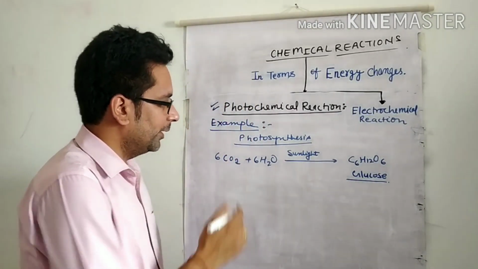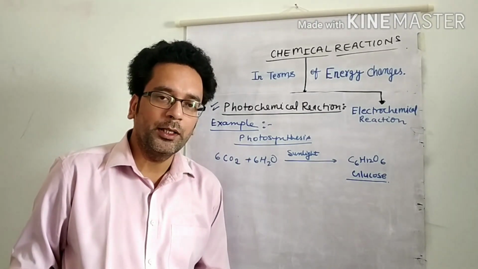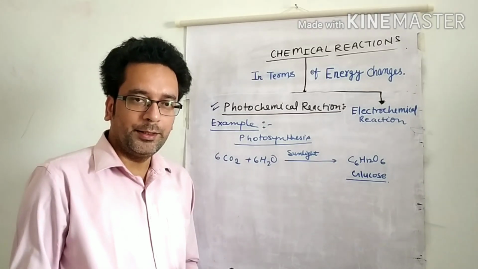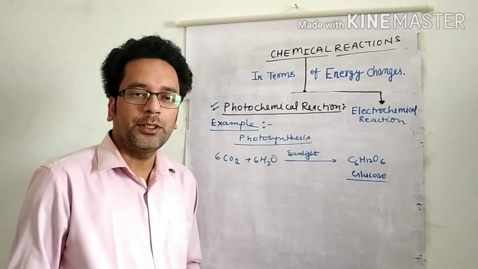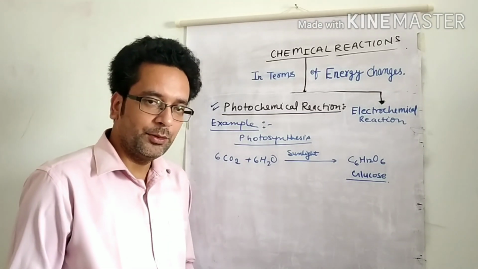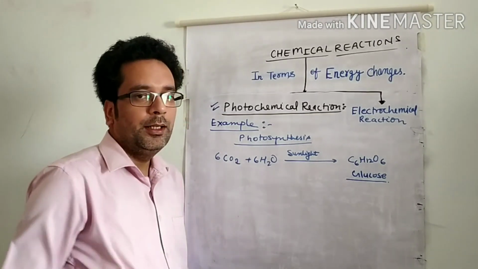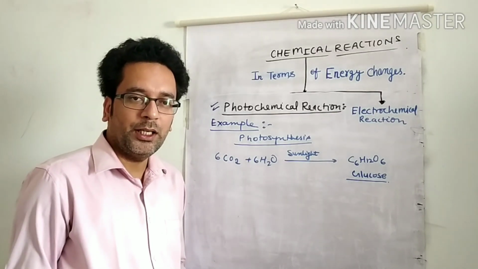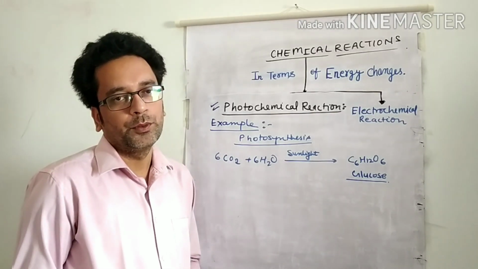So photochemical reaction means a reaction proceeds with the absorption of light energy, and photosynthesis is an example in which carbon dioxide and water react to form glucose.